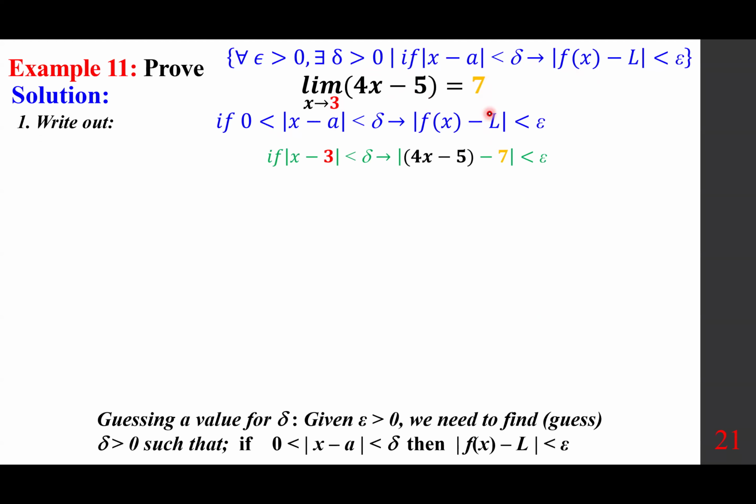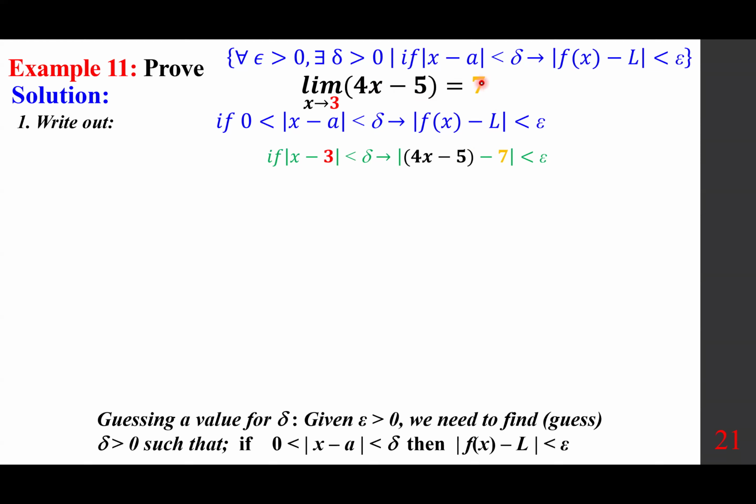So replace the a with 3, replace f of x with the function given, which is 4x minus 5, and replace the limit with the limit that is given, in this case 7.